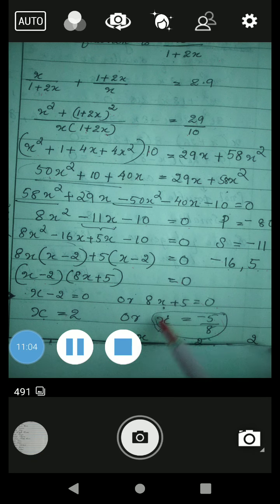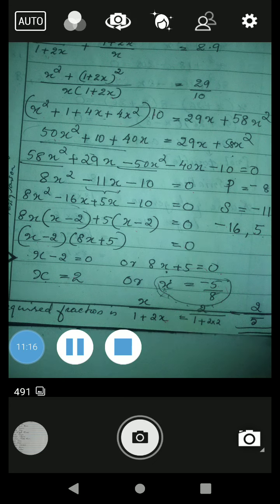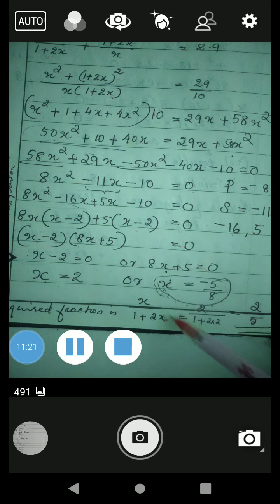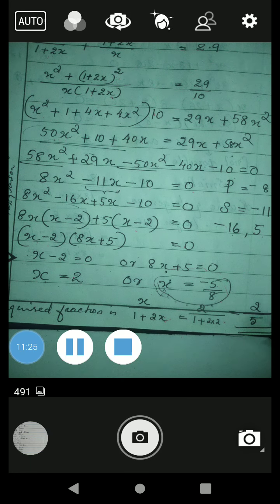Here this value is not possible. Okay. This negative number. And if x is equal to 2, you can find that fraction, because the given fraction is x by 1 plus 2x. Substitute the value of x here. You will get the answer 2 by 5.